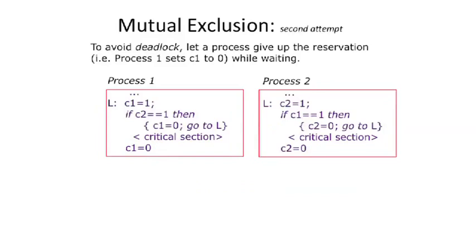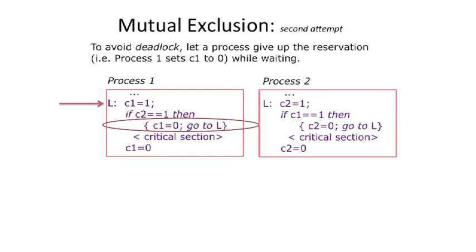So let's look at our second attempt. Let's try to make that better by adding a little bit more checking. So same thing, C1 is equal to 1, C2 is equal to 1. It does the same checks to see if the other thread set the variable. And if it doesn't win, it clears its own. So it sets C1 back to 0 if it fails, and loops back up.